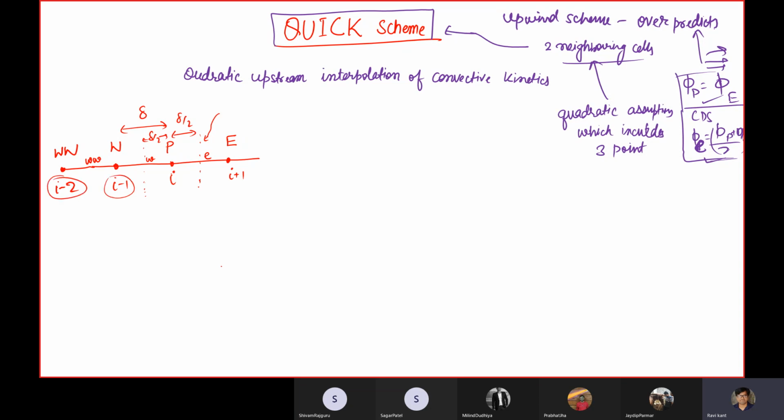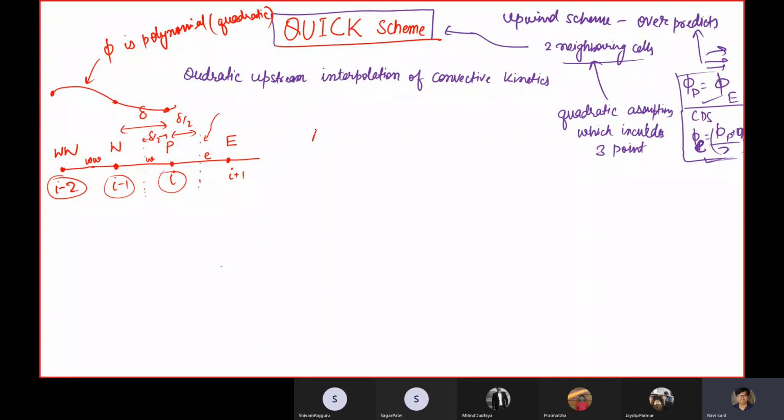We want to take advantage of the neighboring two nodes, so we assume my profile is a polynomial of quadratic nature. That is why the term quadratic comes into the picture.